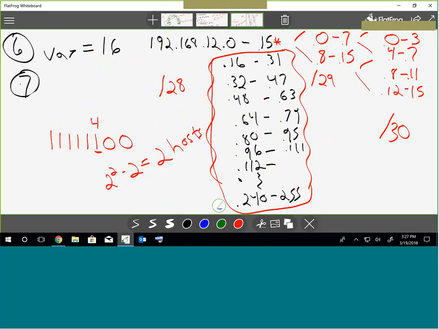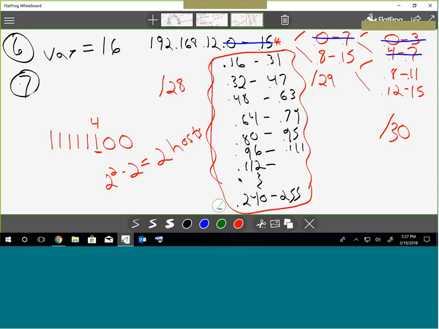Well, no, here's one thing that's very important about VLSM. As soon as we borrow an extra bit, anything to the right makes what's to the left no longer usable. So because we borrowed /29 and came up with these 2 subnets, this is no longer usable. Notice too, here's the great thing about VLSM. We use the .0/30 network and the .4, and that makes this unusable.